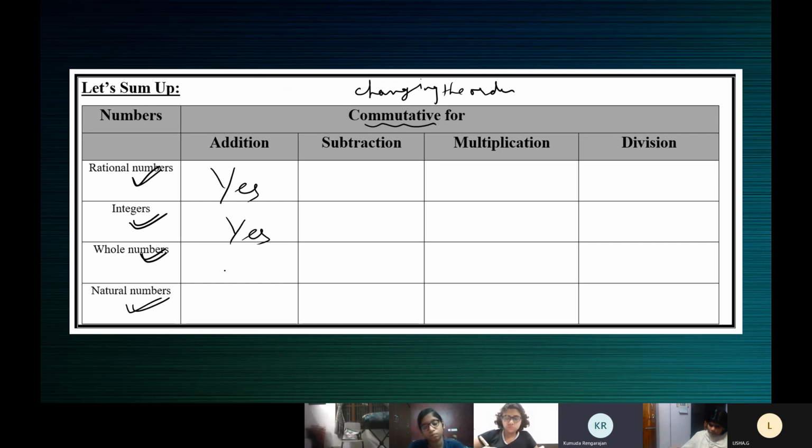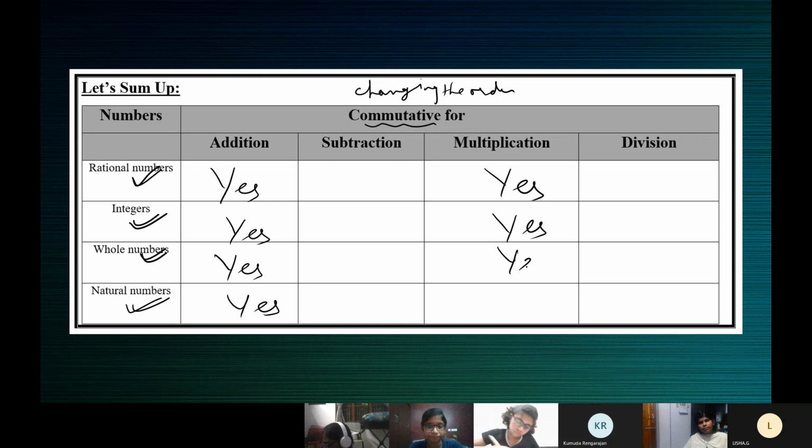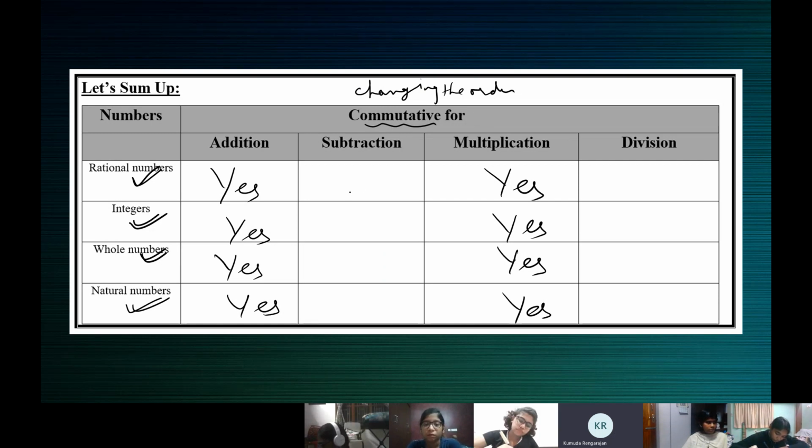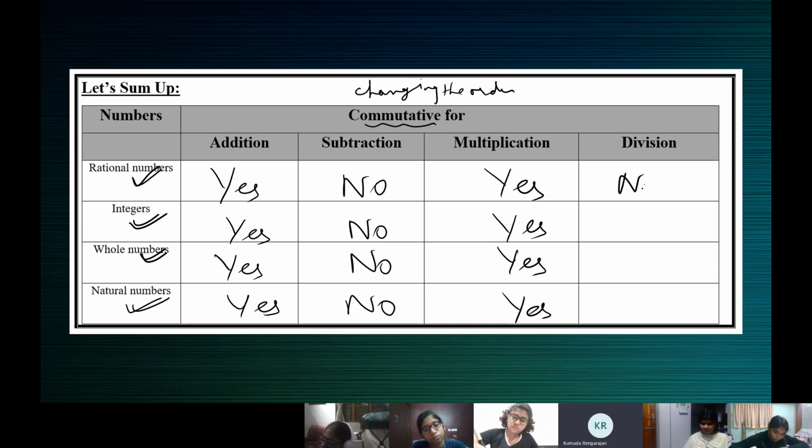A plus B and B plus A are the same. When you change the order and multiply, the answer is the same. But when you do A minus B and then B minus A, we don't get the same answer. Similarly, when you perform A by B and then B by A, the answer is different.